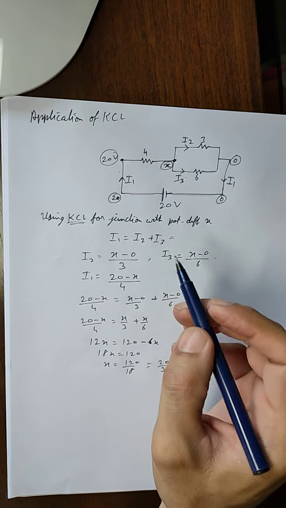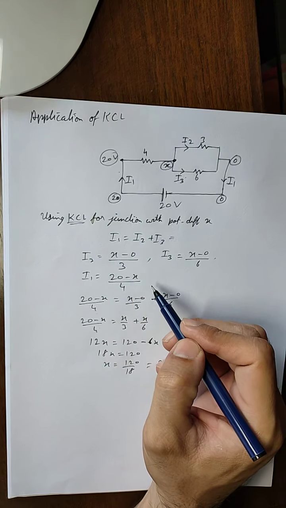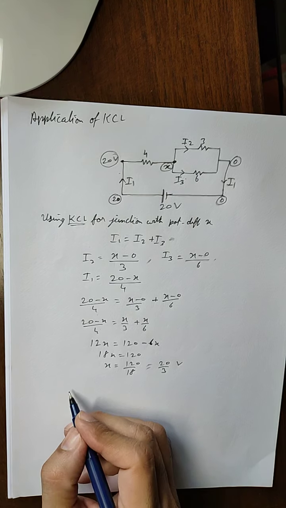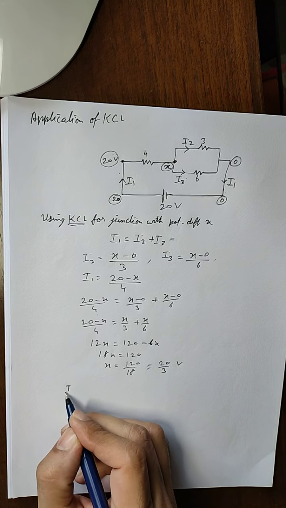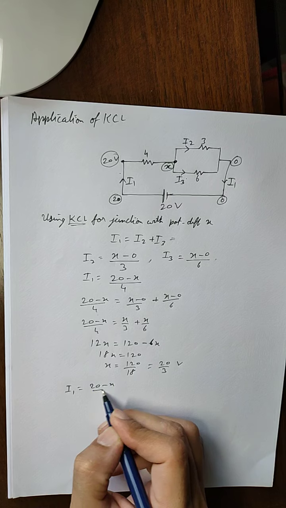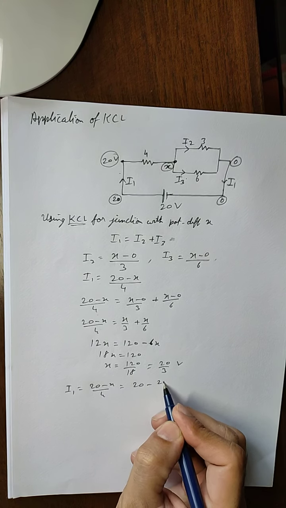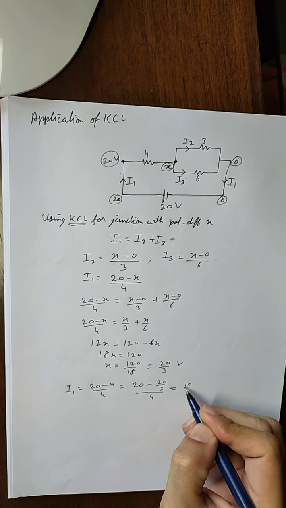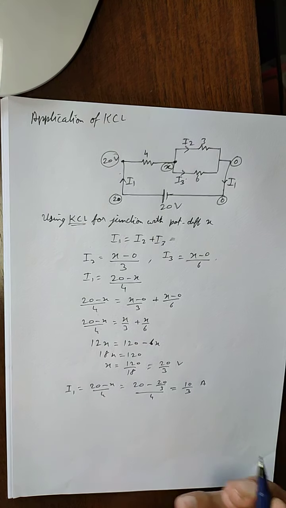Now using this value of X, we can find the currents in each branch also. I1, which is (20 minus X) upon 4, will be equal to (20 minus 20 by 3) upon 4, and if we calculate this, we will get 10 by 3 amperes.